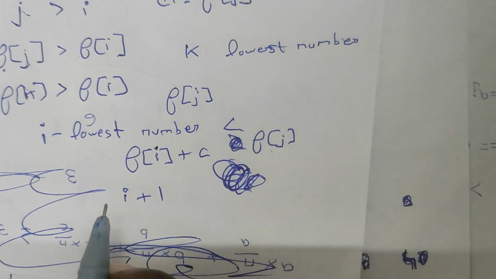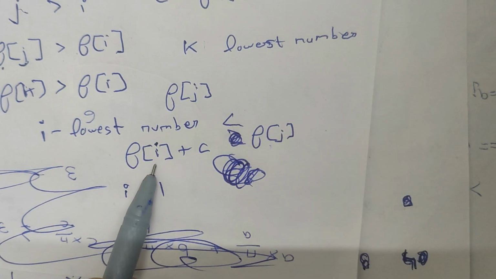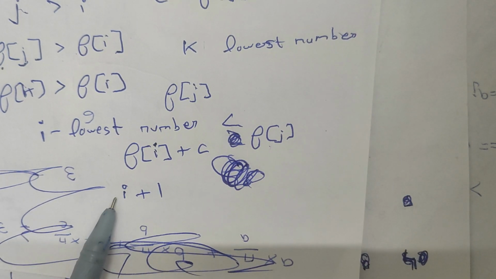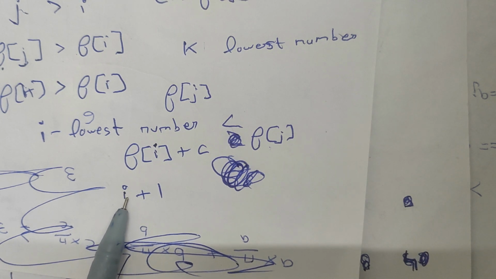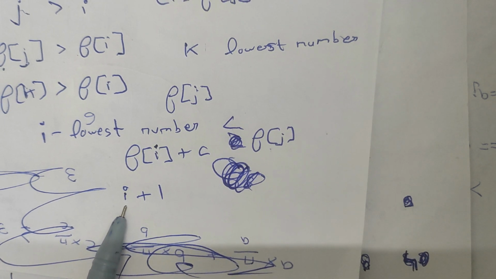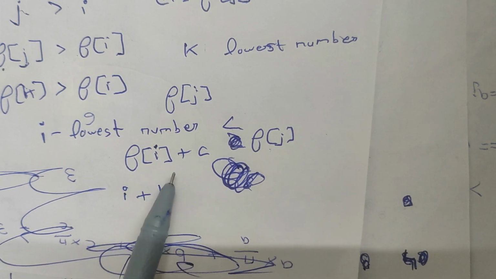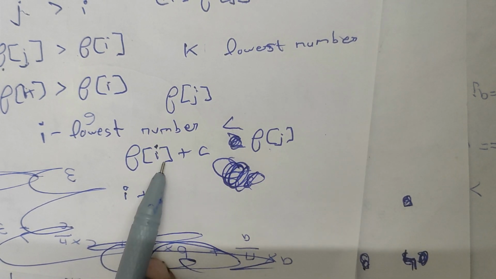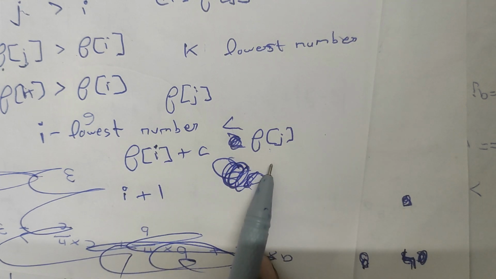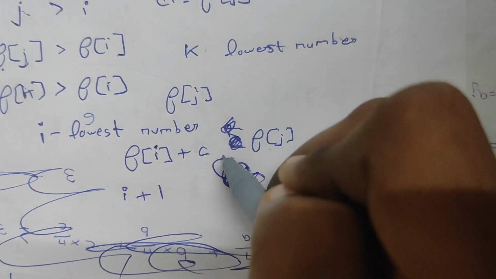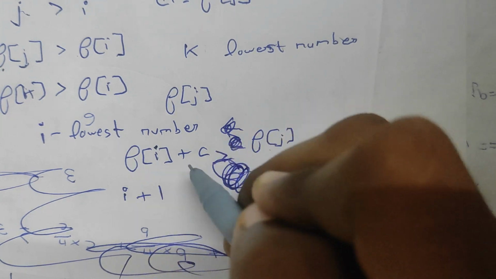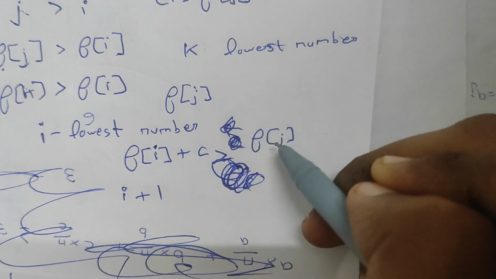plus 1. So we removed all the candidates below i. So there are i candidates below i, since it's zero based indexing, and after we remove all the candidates below i, we will check whether f of i plus C became greater than or equal to f of j.